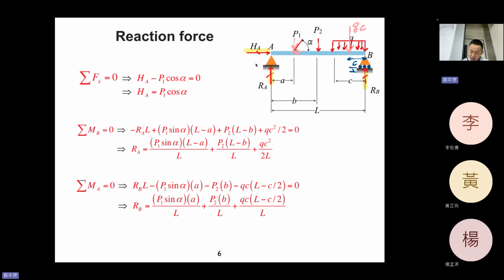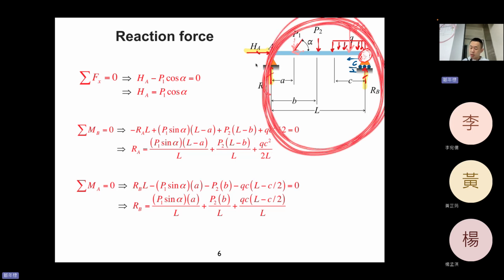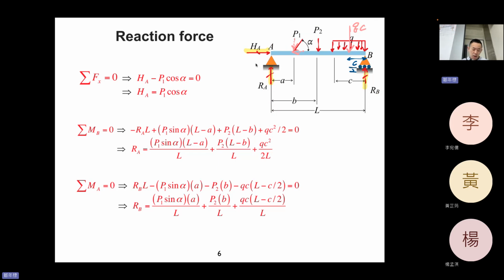Okay, and then sigma MB, sigma MA. If you do sigma MB with B as the origin, you can see RA makes a clockwise moment. Clockwise means negative, so minus RA L, where L is the force arm, right?